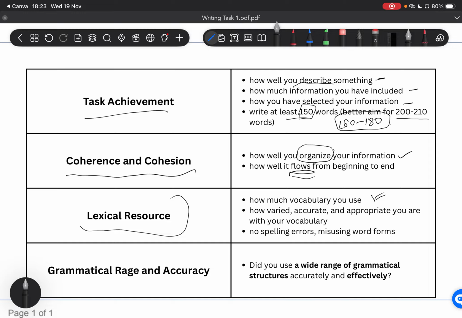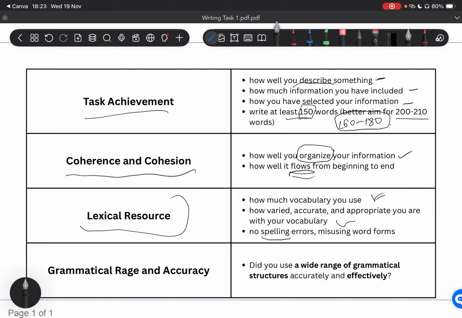Then, how varied, accurate, and appropriate you are with your vocabulary. The way you use the words in the context also matters. If you understand the meaning of the word completely and can use it in the proper context, then it's really good.